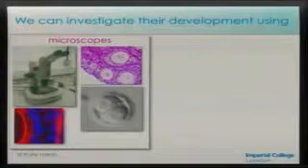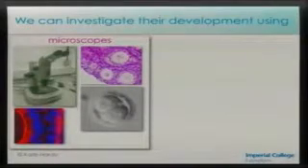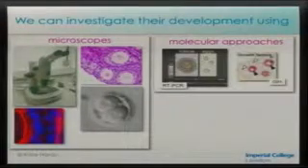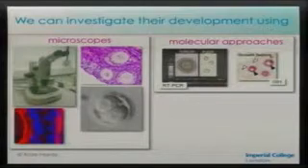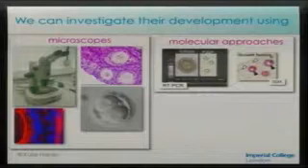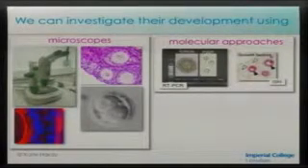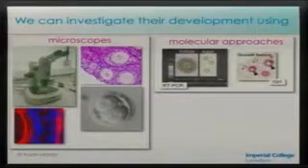And we need them to look at the development of embryos and to look at the histology of ovary. We also use molecular approaches, and the group have managed to optimize techniques for looking at small amounts of material, down to single or a few eggs.